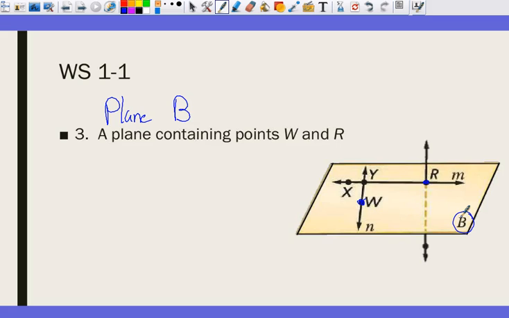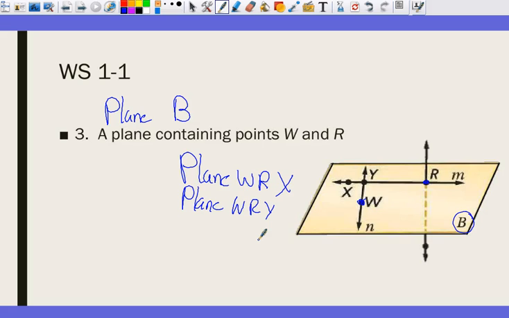So we have plane WRX, plane WRY. These are all the same name for one plane. All these are the exact same name for the same plane. Just different ways of labeling it.